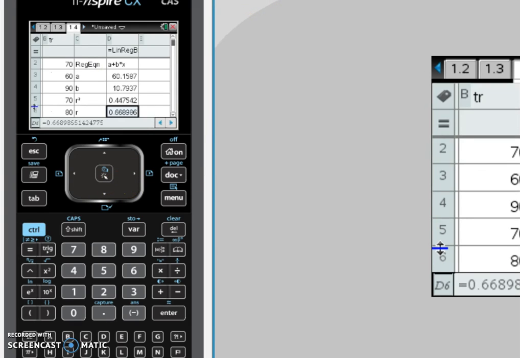Yeah, pretty close, isn't it? R here is 0.668, 0.67.